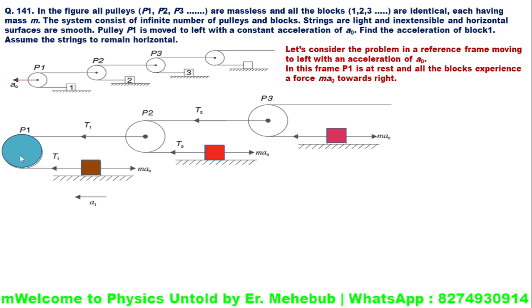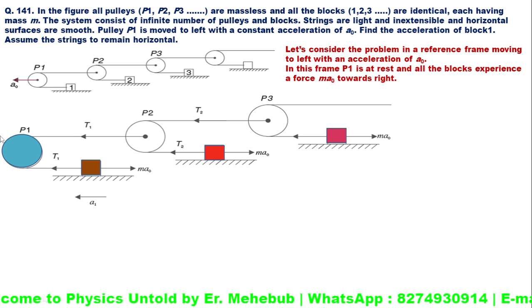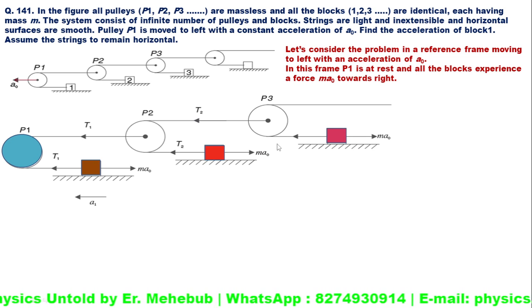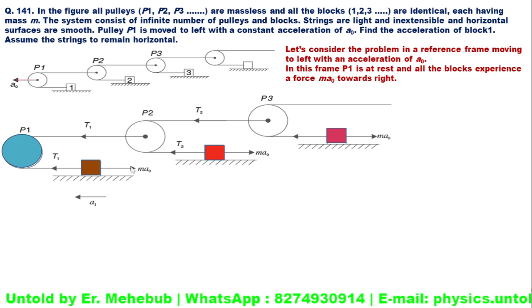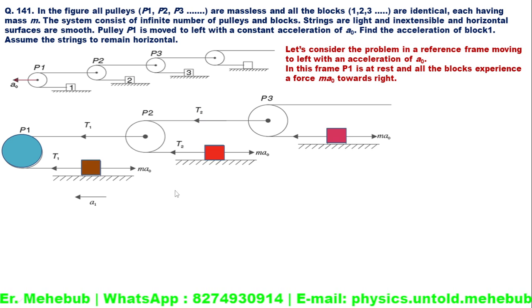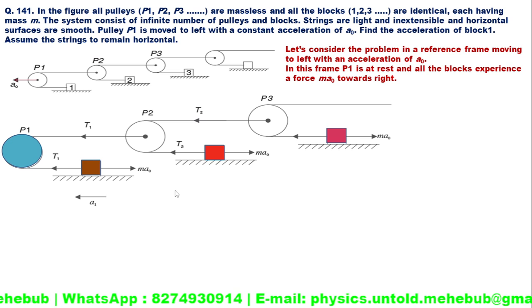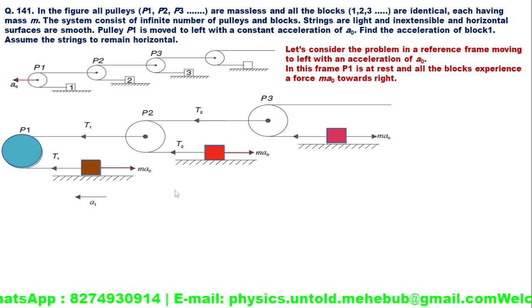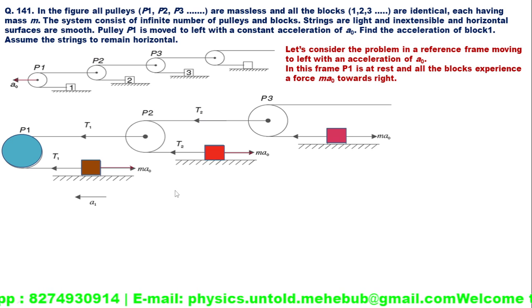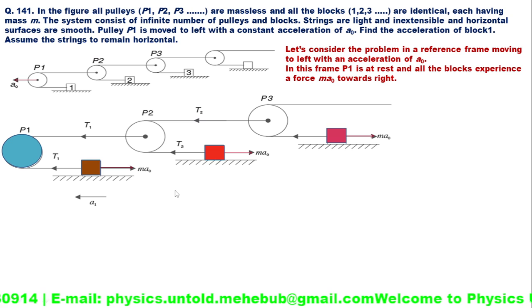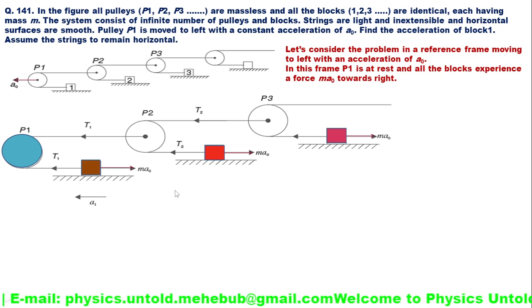So if we consider the pulley at rest, then block 1, block 2, block 3 all will experience a pseudo force, which acts in the opposite direction of the applied acceleration.